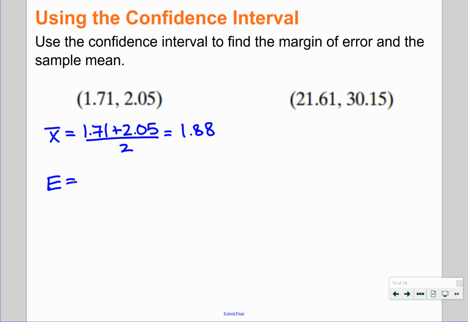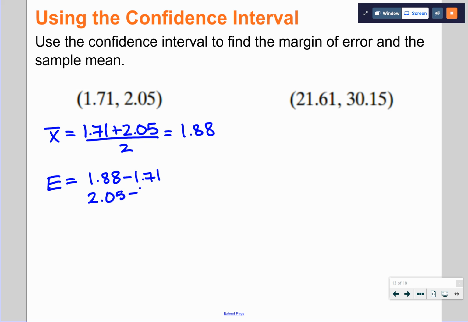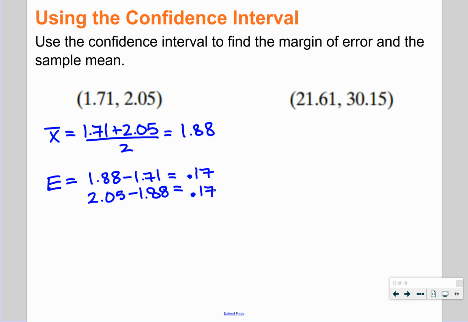Subtract 1.7. Yeah, so there's two ways to do it. You could do the mean minus the lower limit, or you could do the upper limit minus the mean. Either way, it's the distance between either limit to that middle value, that mean in the middle, which in this one is going to give you 0.17 either way.